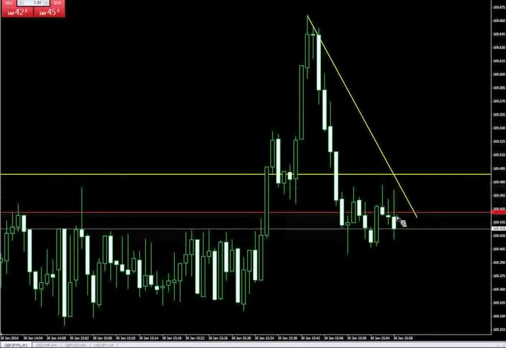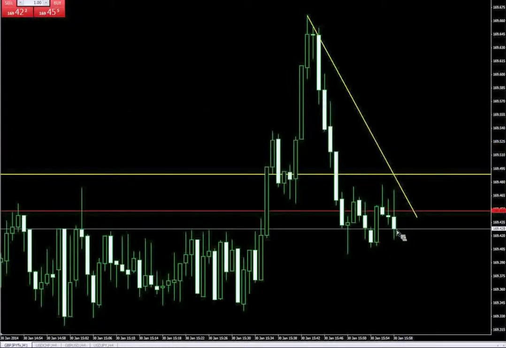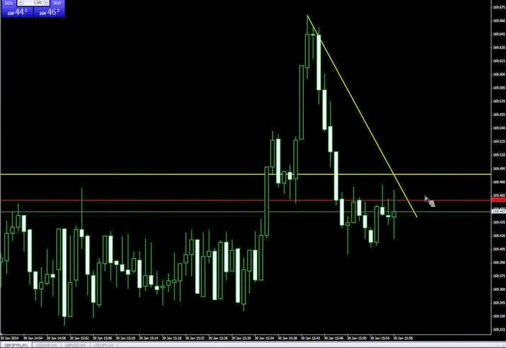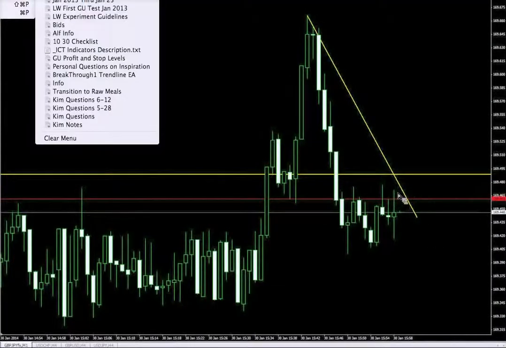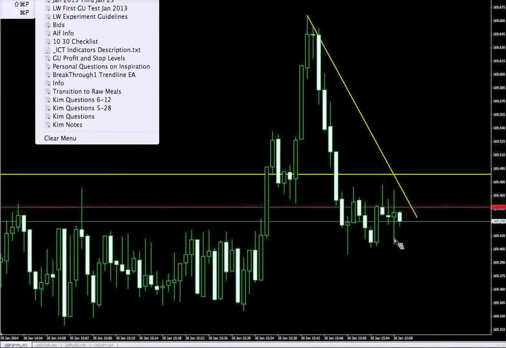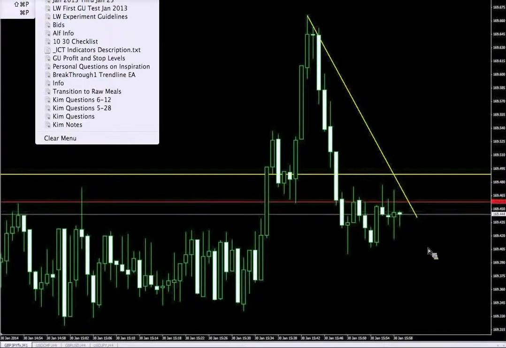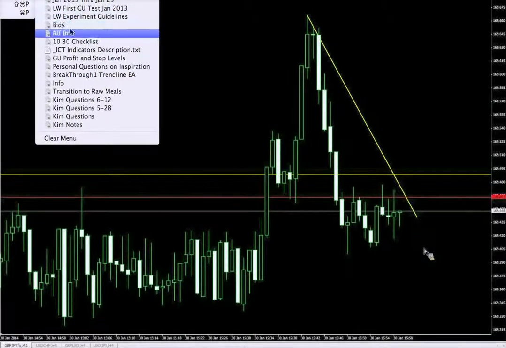It came back to the open, and now it's dancing around again. Always assume that a candle's going to make the top wick first. You see how this candle closed? It made the top wick first, then came all the way down here, then danced around, and then it finally closed. But it made the top wick first. And we'll get much deeper into candle construction so you'll understand that.